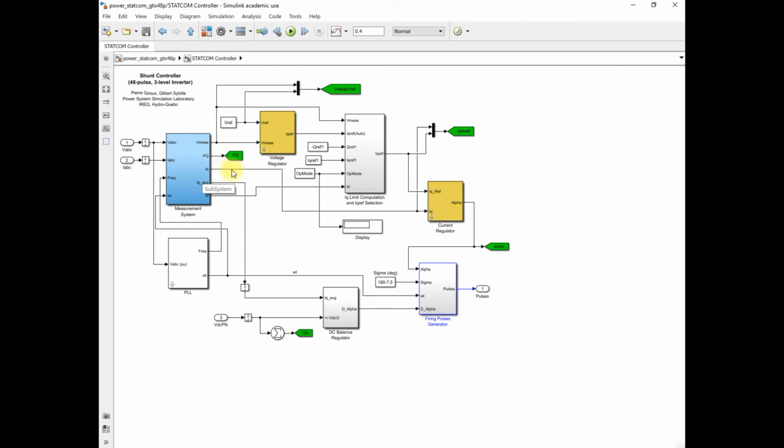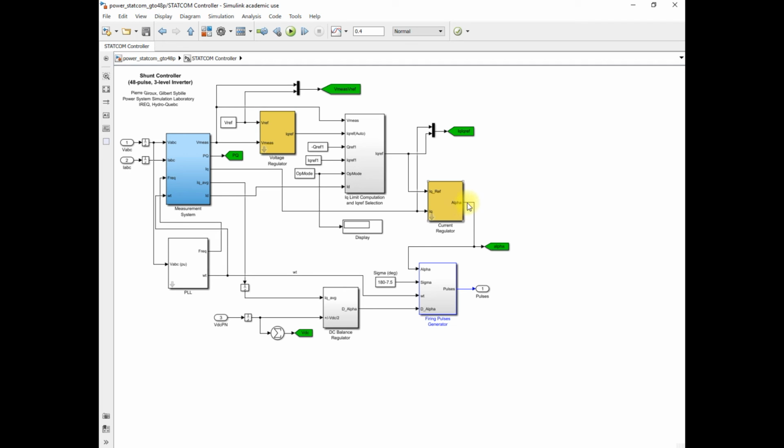That IQ is the actual reactive component of the current, and IQ reference is a reference set by this voltage regulator block to maintain the voltage regulation at the load bus. Based on the difference between IQ reference and the actual value of IQ, this current regulator block generates the alpha, that is nothing but a firing angle at which your thyristor is fired.